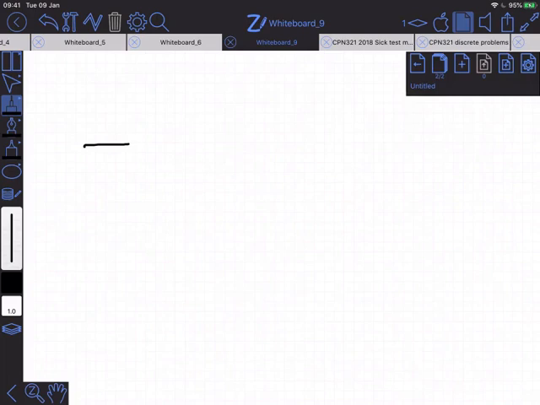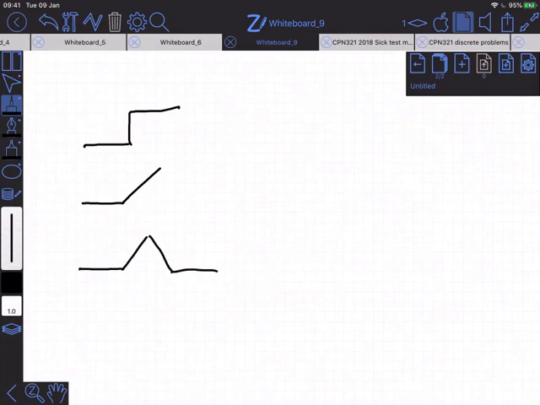Okay, I'm going to sketch a couple. There's one, the unit step. Here's another one, the unit ramp. Here's another one, basically any combination of the unit step and the unit ramp. None of these signals are band limited.